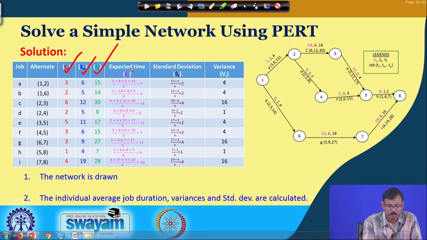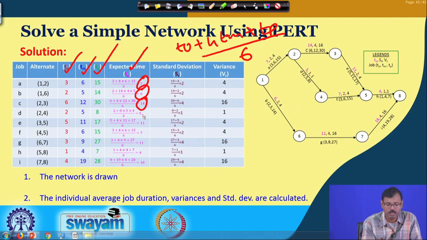We have tabulated the expected time of this project, where the formula is To plus 4 Tm plus Tp divided by 6. So, using that formula we have come out with the expected time or mean time of each and every activity here.